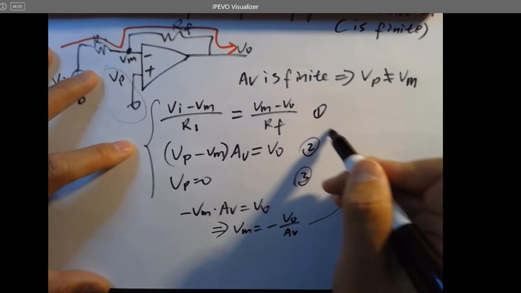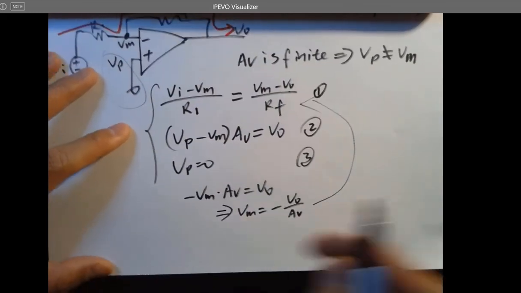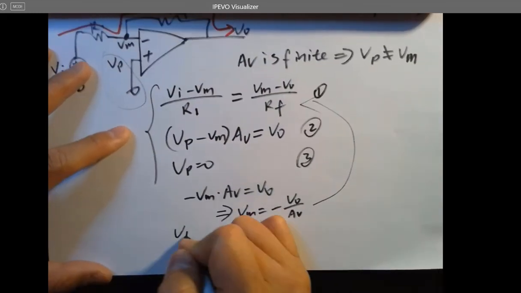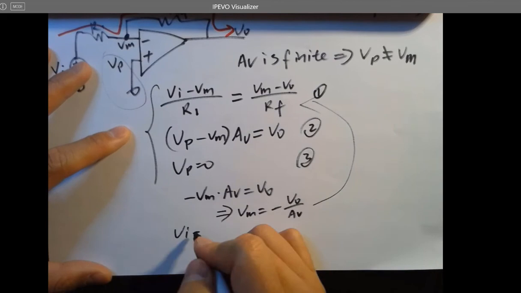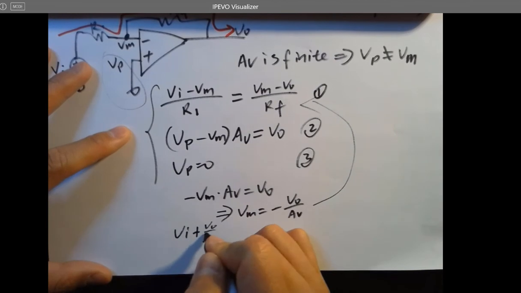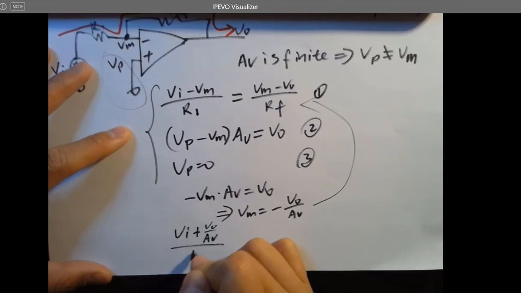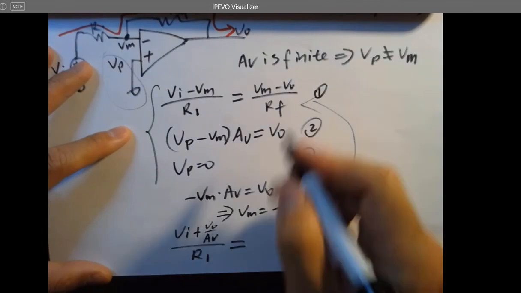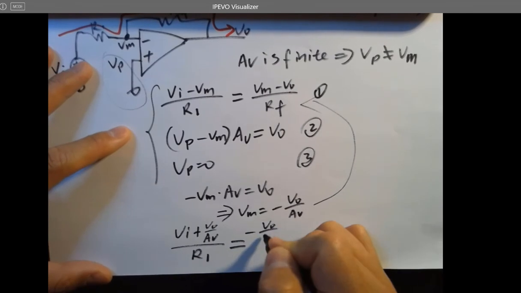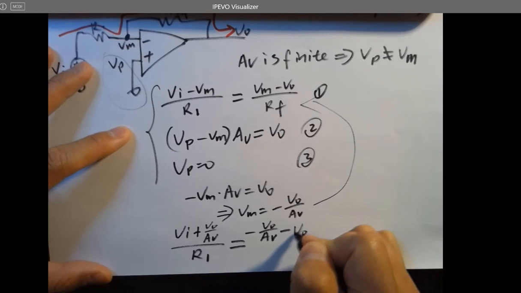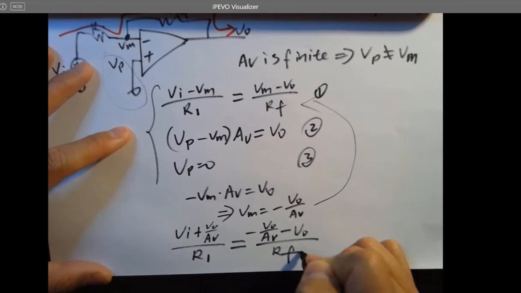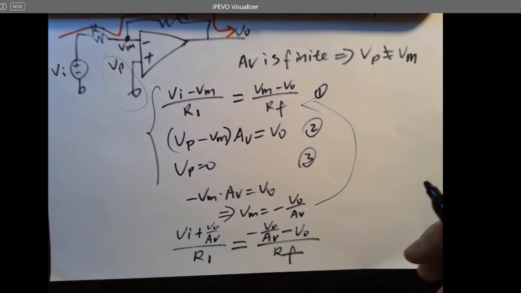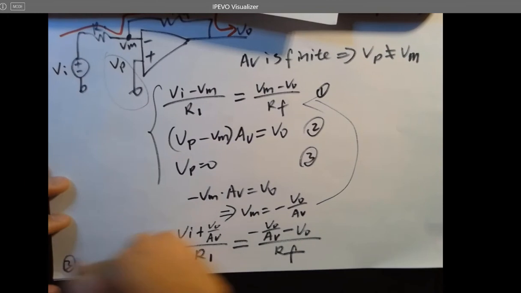And then substitute Vm in the first equation. So we are getting Vi minus this guy, which is plus Vo over AV, over R1 equals Vm, which is this, minus Vo over Rf. Okay, now let's move forward with this conclusion for now.